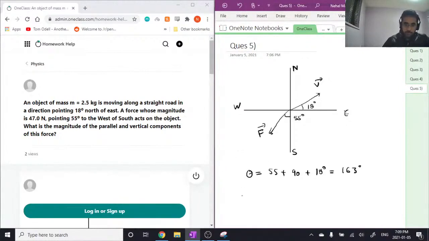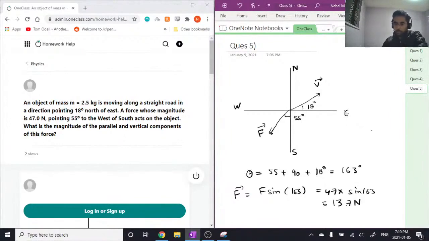F would have 2 components, which would be F sine 163, which would be equal to 47 times sine of 163, which is 13.7 newtons.